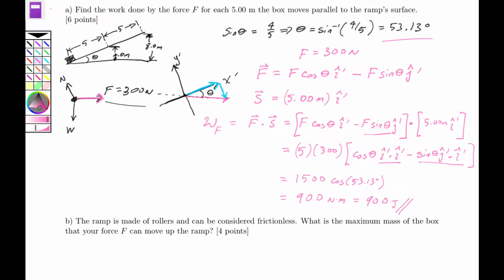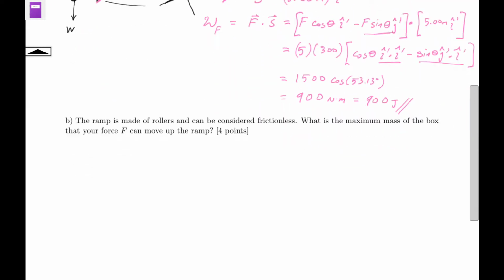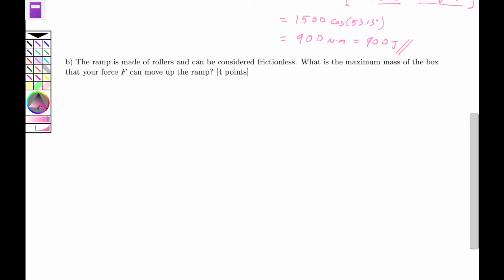The ramp is made of rollers and can be considered frictionless. What is the maximum mass of the box that your force F can move up the ramp? We weren't given a mass.